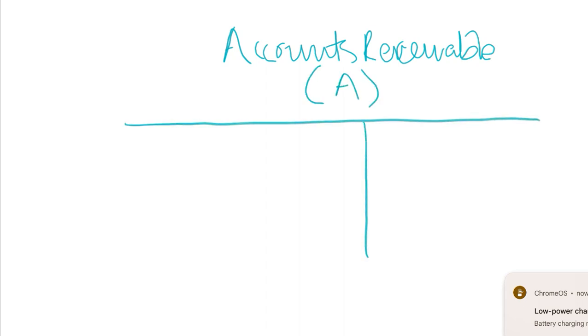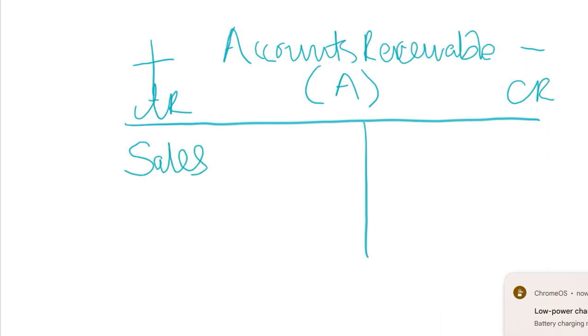So when they make sales, remember assets increase on the debit side and they will decrease on the credit side. So when we make sales, it's going to be recorded here. So they're buying on credit, right? Sales, they're purchasing on credit, so it's increasing what they owe and what we should receive. However, when we write them off as a bad debt, they don't have to pay us anymore, so they owe us less and we will receive less. So it's negatively impacting our account.